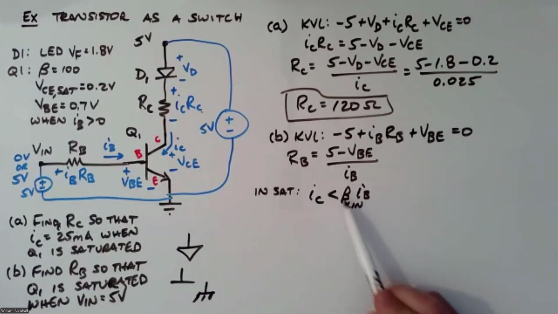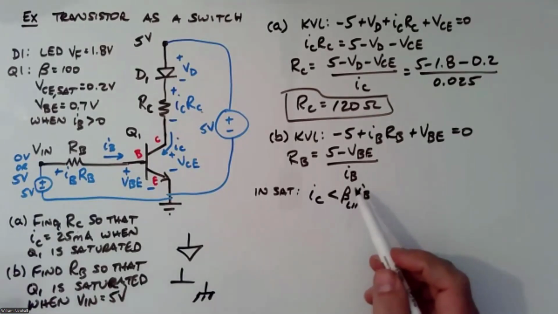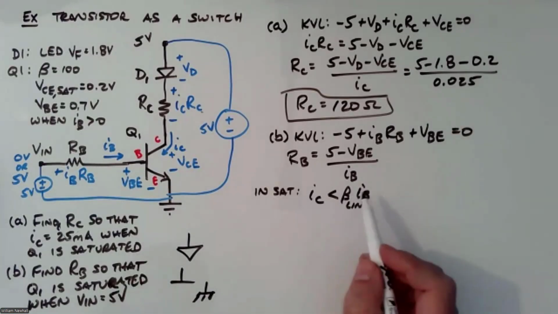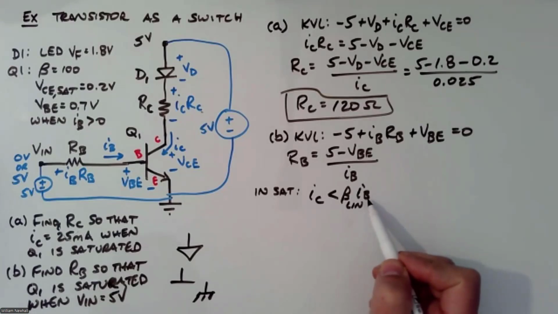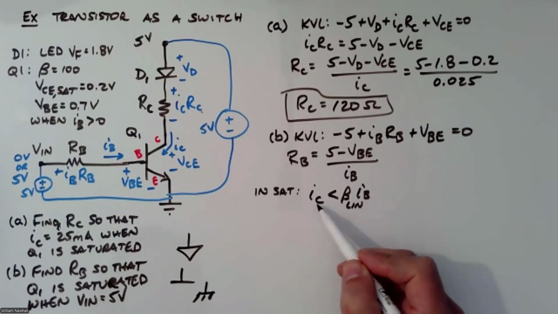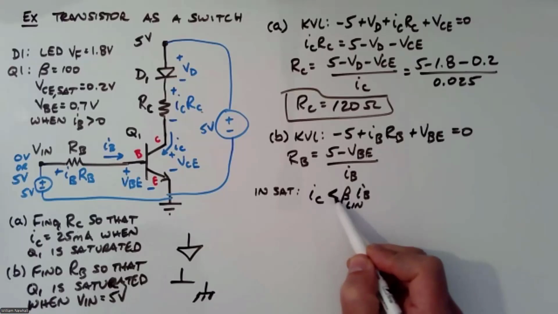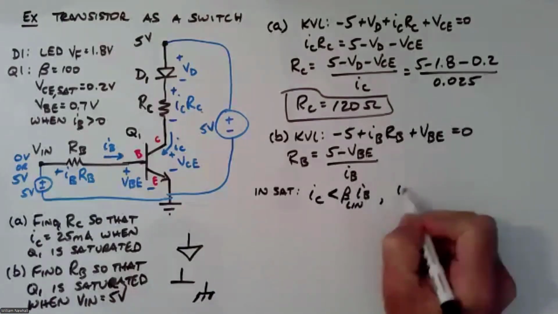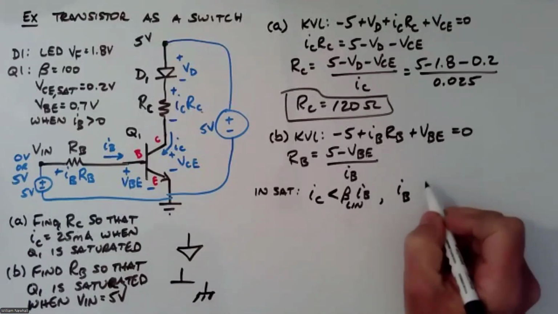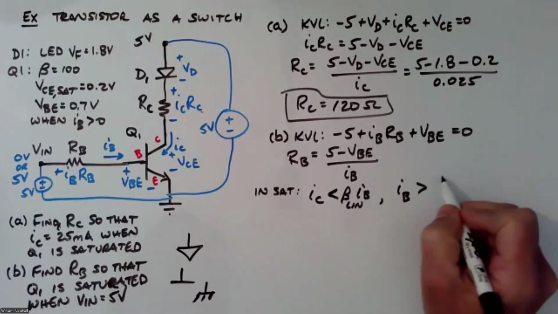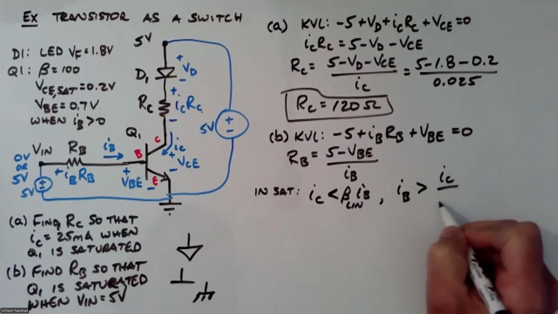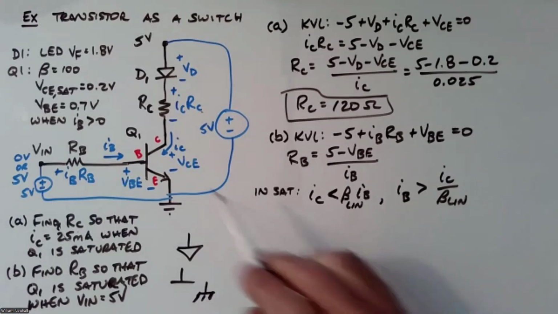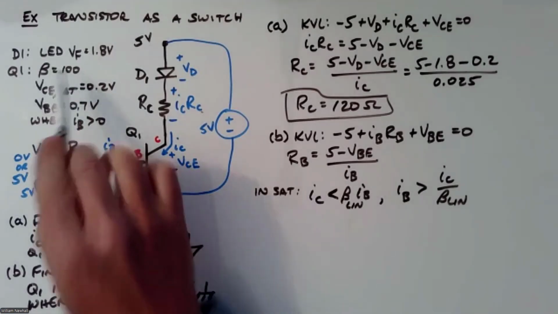If we assume that beta stays constant, in saturation, even though you increase IB, IC does not increase. So IC is going to be less than beta IB. I can turn this around and say IB has to be greater than IC over beta linear. And beta linear, we're saying, is 100 here.